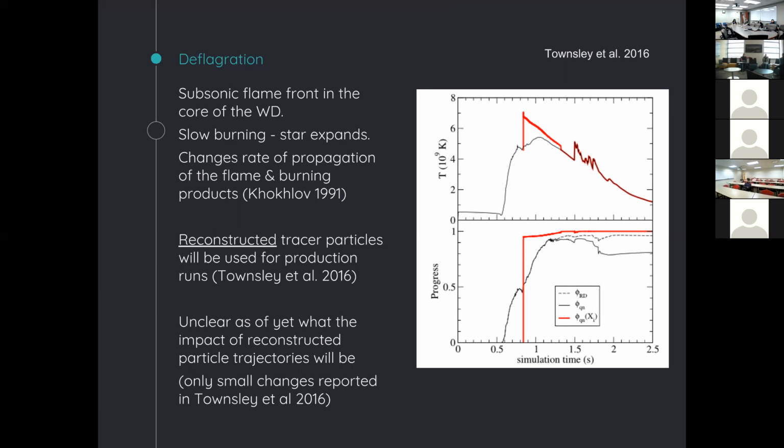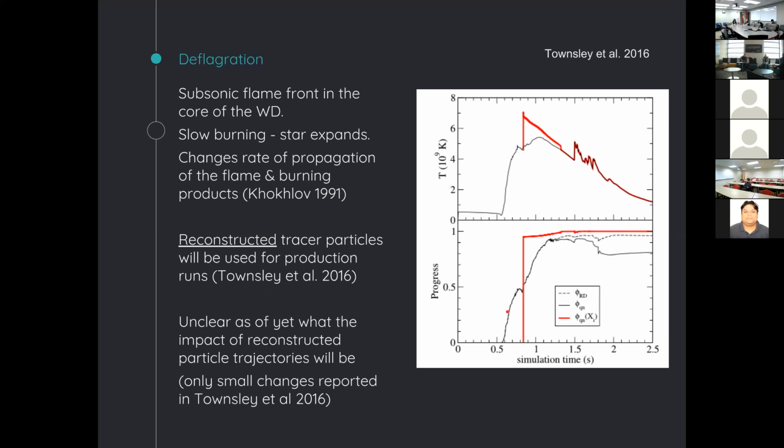And in fact, when we look at the analysis that we have for the runs that we've done, there is some carbon left, a small amount in some of the outer regions. The tracer particles are presented in the plot here. The track is the temperature and progress profile for a particular particle.